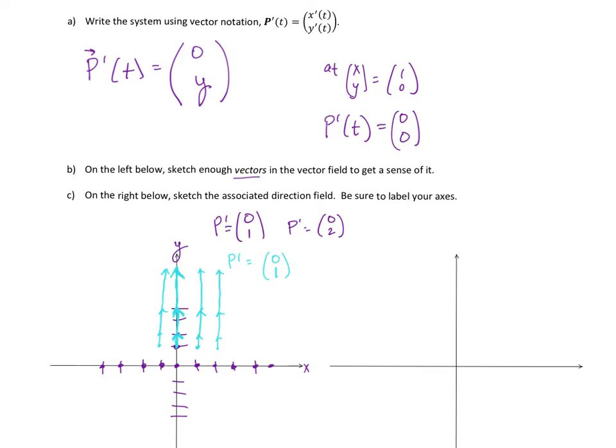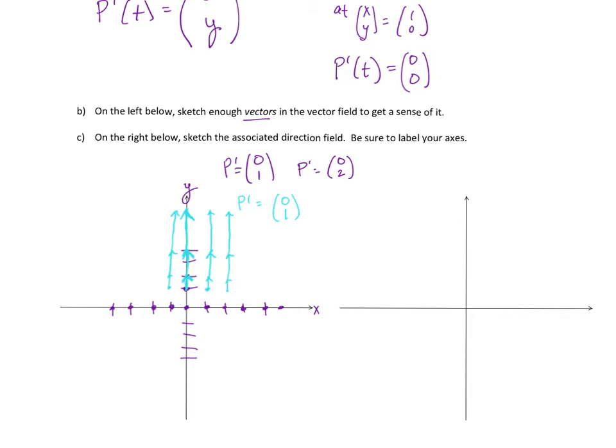Something like that. And then if I did some points below the x-axis, like 1, -1, when x is 1 and y is -1, the P prime vector would be 0, -1, so it would point down like that, and then 0, -2, and then 0, -3.